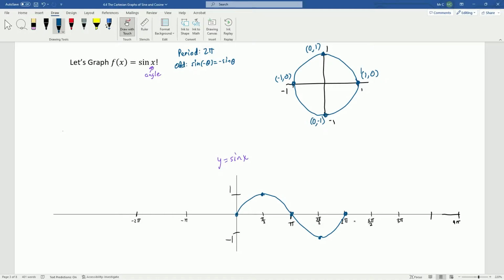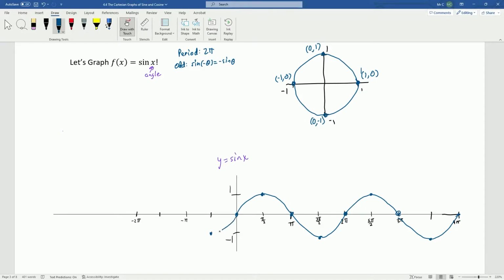And so with that, what else do I know? I know the period is 2 pi, which means this graph is just going to repeat the same behavior the next 2 pi. And that's going to happen in both directions, right? So I could just repeat this backwards. I'll do some little half pi marks here. But I also can use the fact that sine is odd. So at the origin here, it's going to be like I rotated my graph 180 degrees.